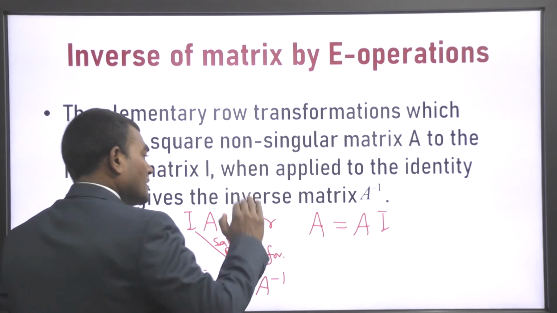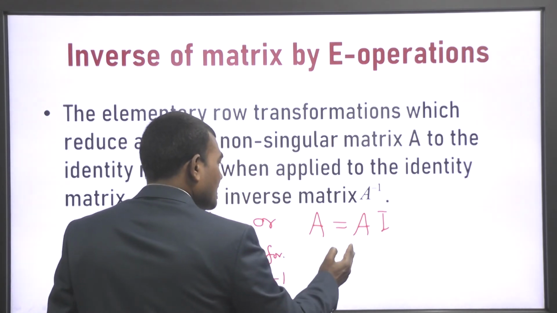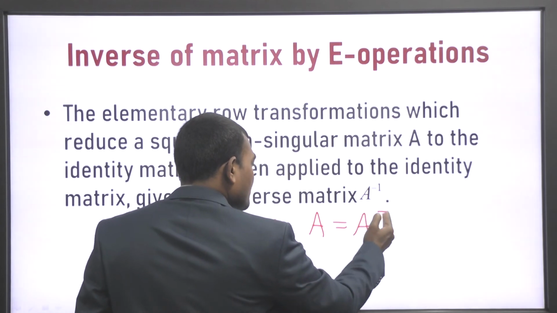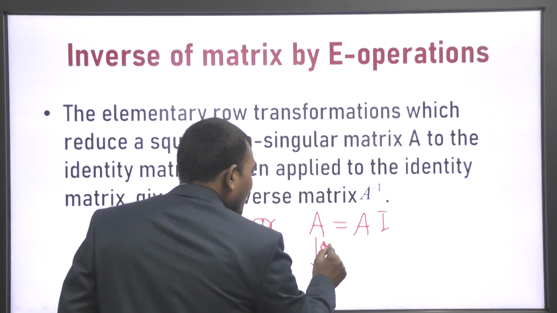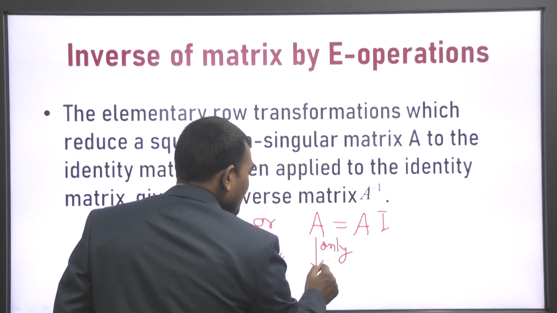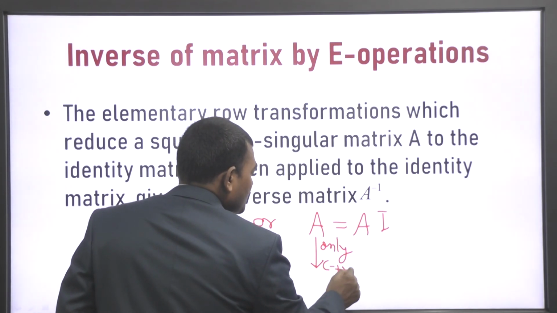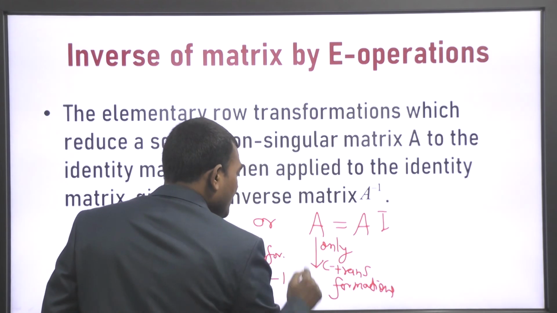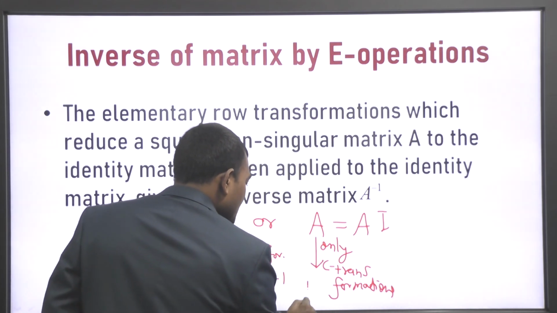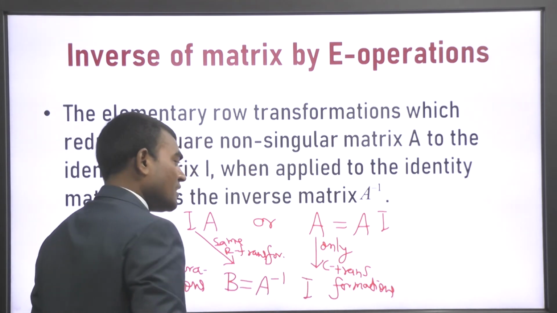In the second case, because I is the post factor on the right hand side, we apply only column transformations on A, and it will change into the identity matrix.